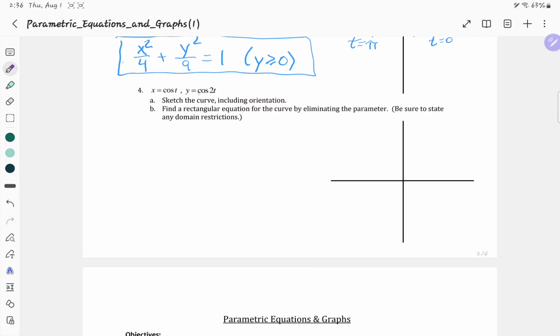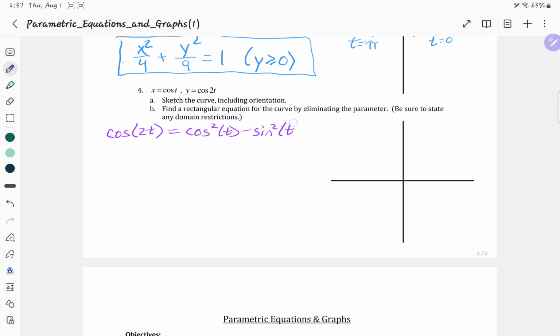There's maybe this cosine 2t, the double angle, that has something useful I can use. So cosine 2t, we know, is the same thing as, there's a couple options, right? The double angle for cosine has a few options. Cosine squared minus sine squared is one of them.